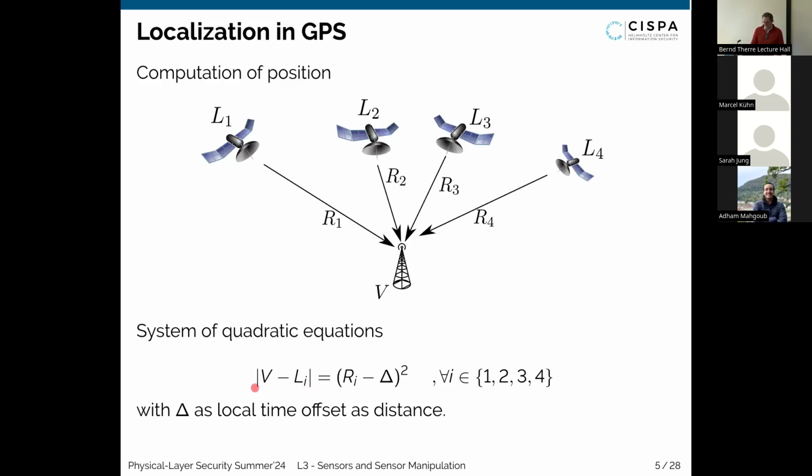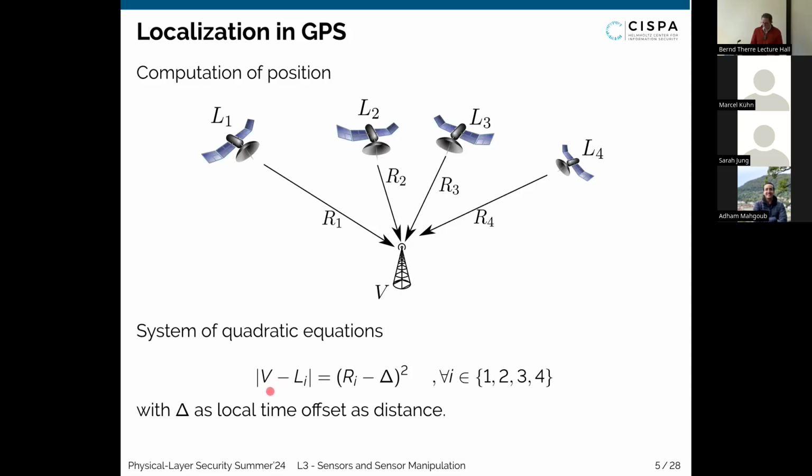So you should find a V that directly minus L is equal to all these distances to the satellites. In practice, you have some variability in the received time of arrival and so on. So there is some little error term that you just try to minimize when you solve your equation here. This is very roughly what's happening.